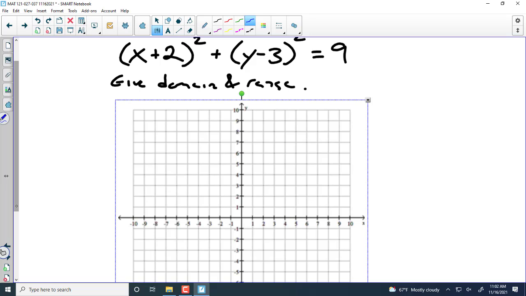A good way of knowing if you got your points in the right place is making sure you can give the correct domain and range.